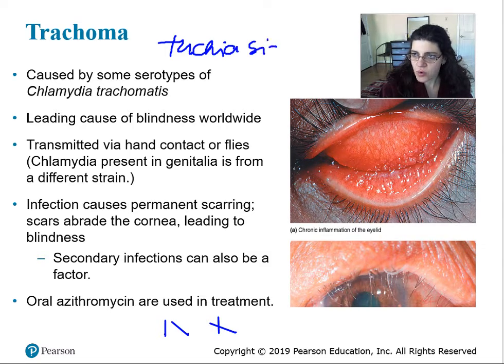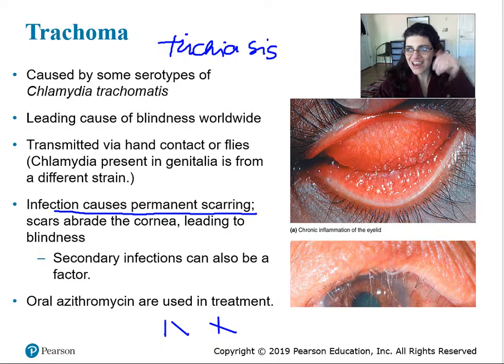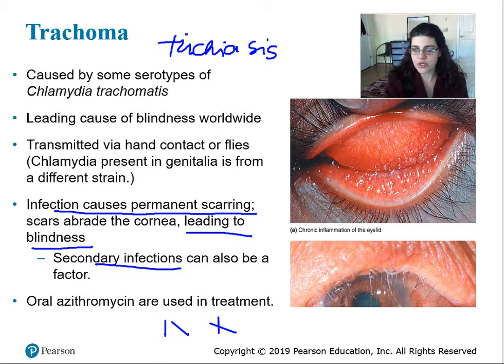Trichiasis. What is trichiasis? It's an inversion of the eyelash. And when the eyelash inverts, what happens? Permanent scarring of the cornea. They scar the cornea. They cause scars on the cornea as you're blinking the eye. And that is what causes the blindness. Okay? There could be also secondary infections here that are going to make the situation worse.